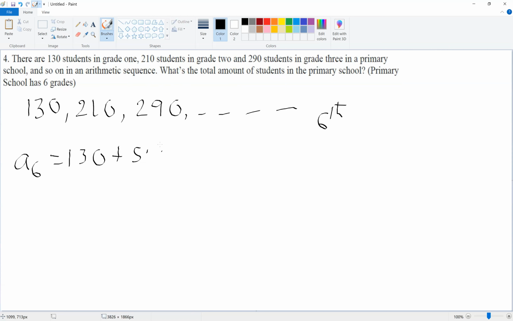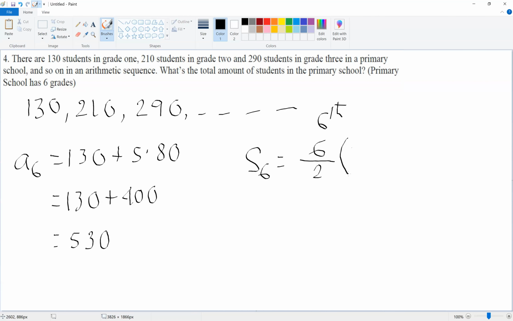That's 130 plus 400, and that's 530. Then I put it into the summation formula. So it's 6 divided by 2 times 130 plus 530. So that's 3 times 660, which is 1,980 students.